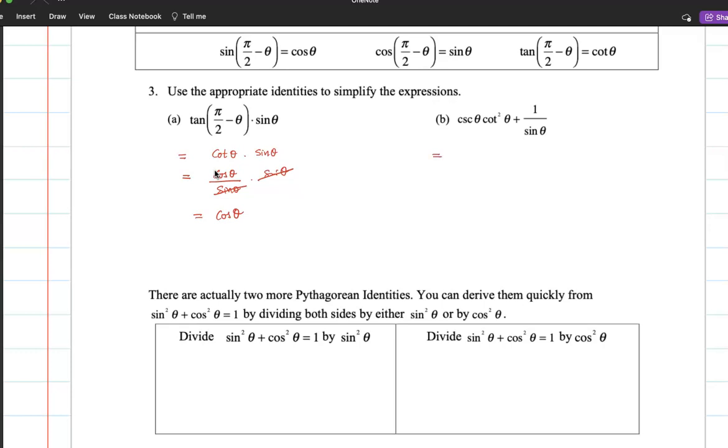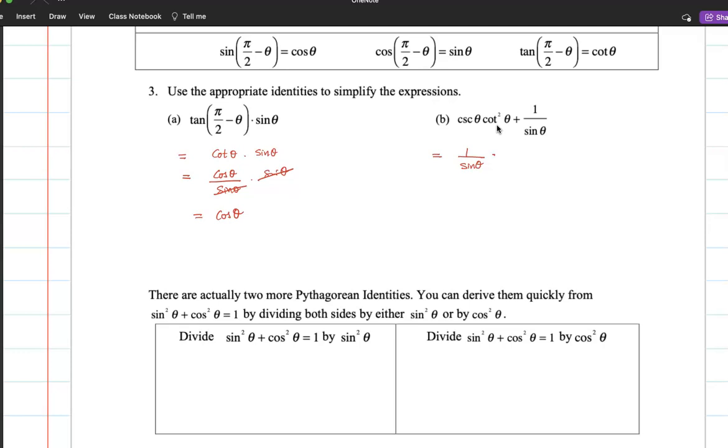Okay, so cosec is 1 upon sine theta. And what's your cot squared theta? In terms of the basic building blocks, cot theta is cos theta upon sine theta.